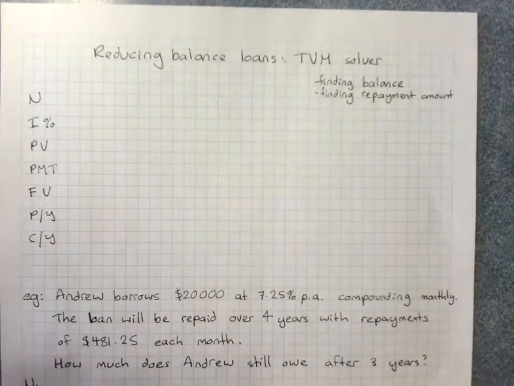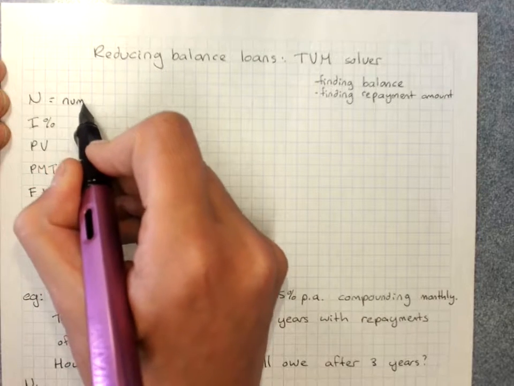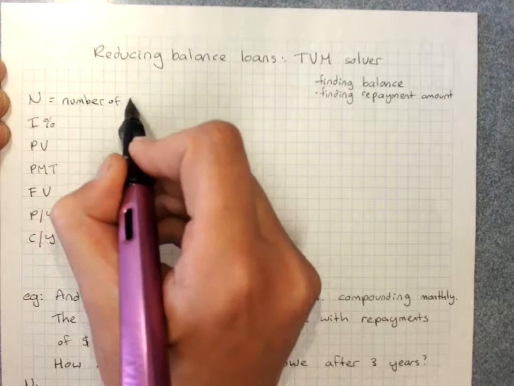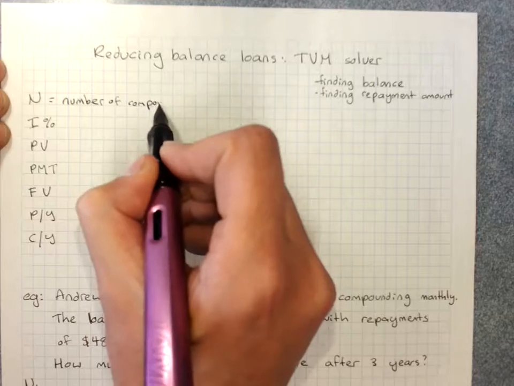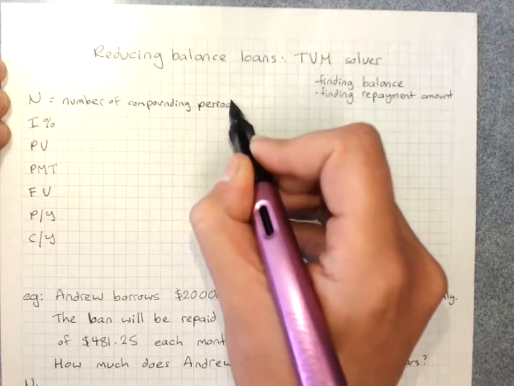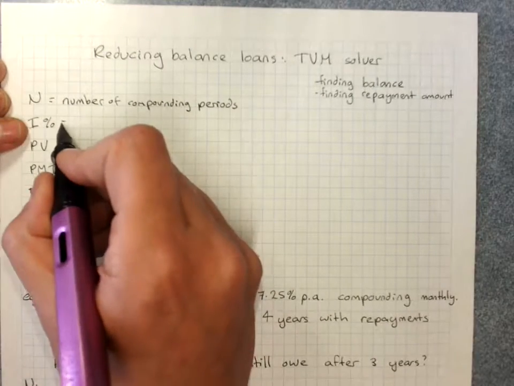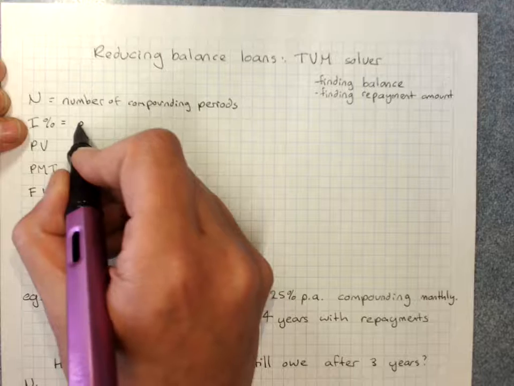Now, a quick reminder, N, number of compounding periods. Interest rate is given as % per annum.